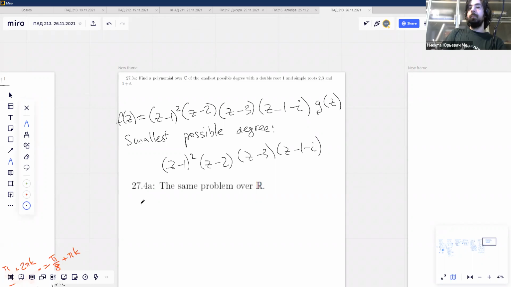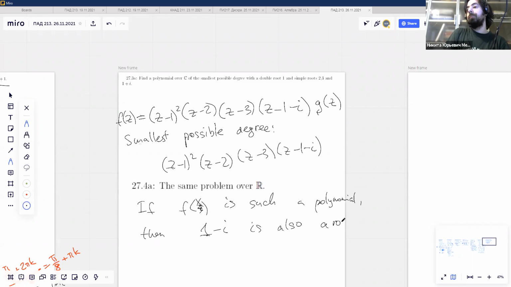Well, if f of x is such a polynomial, then 1 minus i is also a root. There is a powerful theorem, right? If some complex number is a root of a polynomial with real coefficients, then it should have a pair.